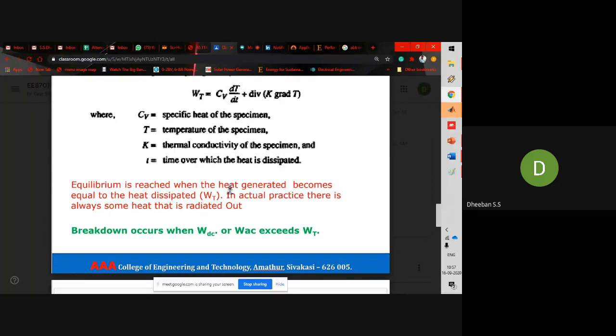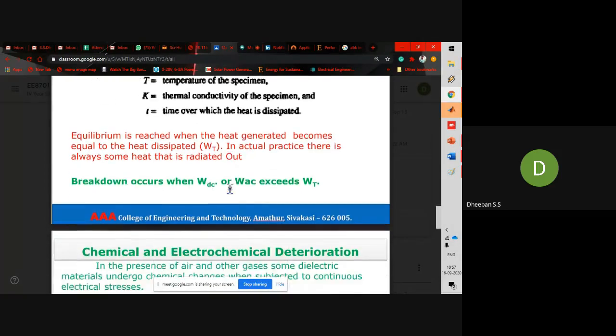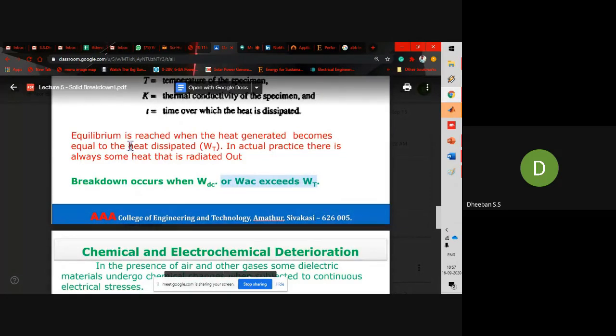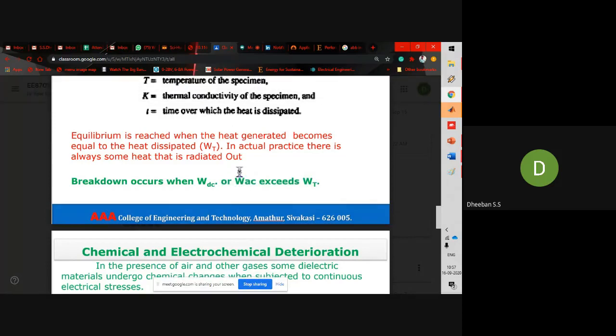Equilibrium is nothing but a stable state. So a stable state is reached when the input is equal to the output. That's what this is: the heat generated becomes equal to the heat dissipated. So this is a normal condition, between W_T, the energy for the breakdown, and W_AC, the energy in your AC, or W_TC.